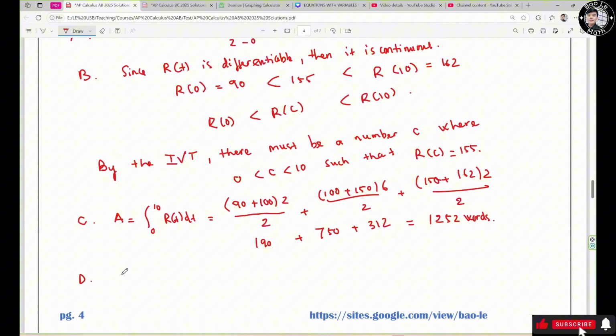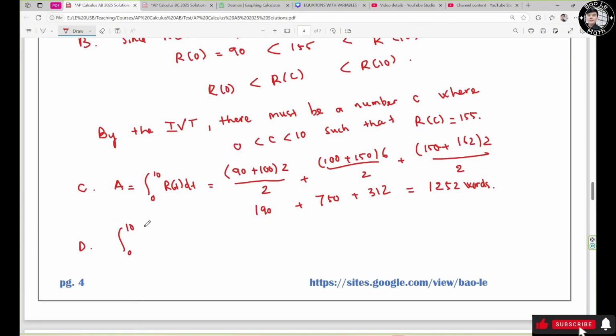D is going to be the integral from 0 to 10 of negative 3 over 10 t squared plus 8 t plus 100 dt.